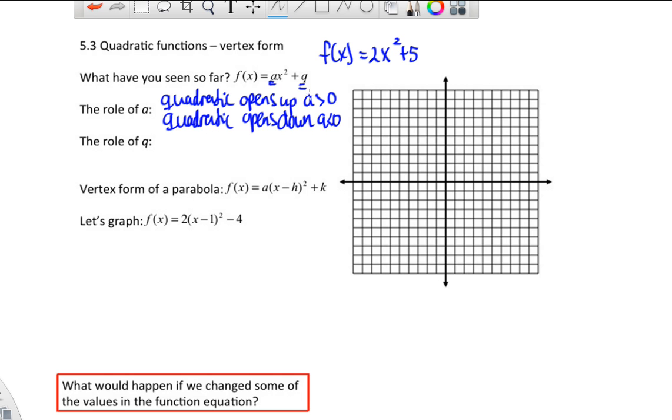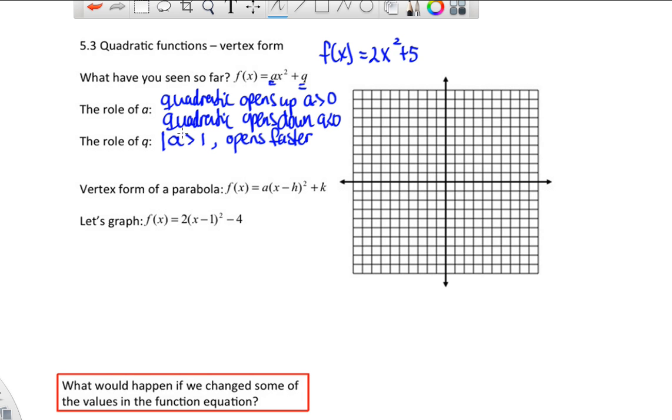And then depending on how large a is, the larger a is, the faster it moves. So if a is larger than 1, then it opens faster. And that's true actually if a is less than negative 1 as well.